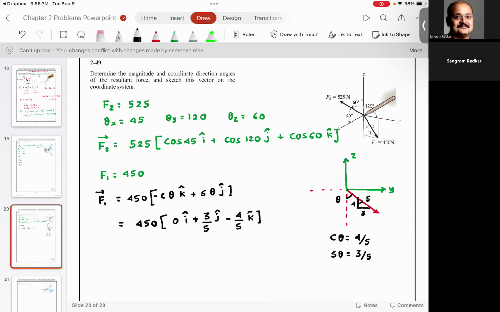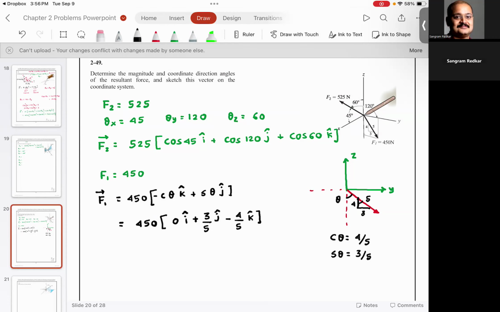Now let me ask you this. The next question that may be asked to you is, what is the resultant? You have force F1, you have force F2, and if you have to find the resultant, what will you do? You will add all the i components, all the j components, and all the k components.